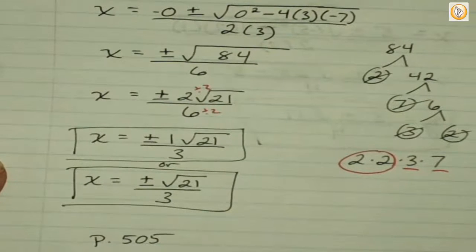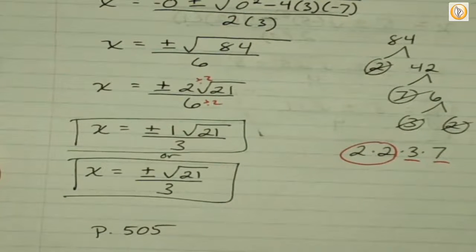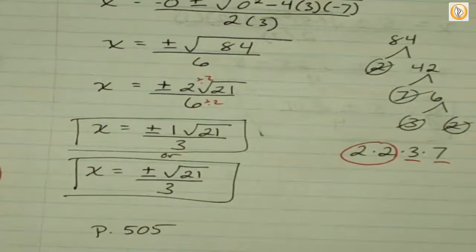You've got very good examples to help you through. Eight through 22 even.